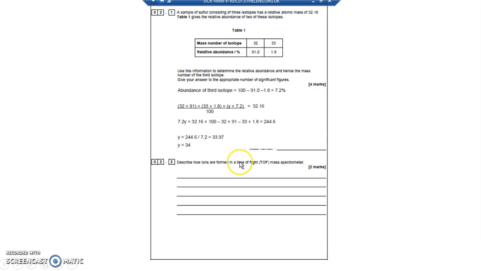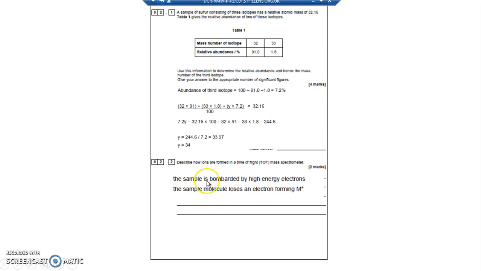Describe how ions are formed in a time-of-flight mass spectrometer. Well, they're bombarded with something called an electron gun, and the electron gun removes electrons from the atom. The electron gun, which fires electrons at the particles, hits the particles and removes an electron from the particle. The electron gun fires out high energy electrons, so fast moving electrons.